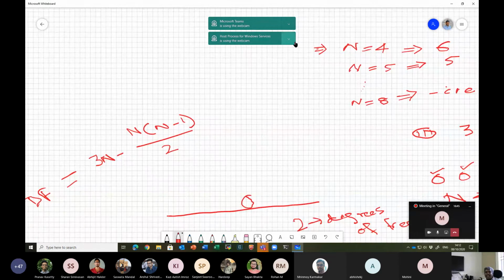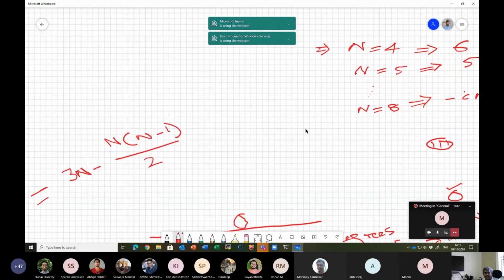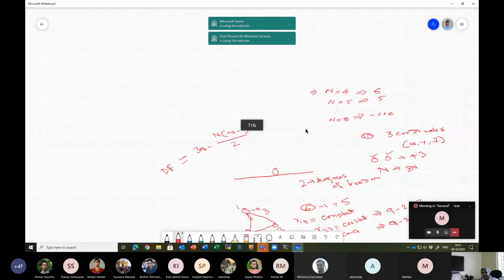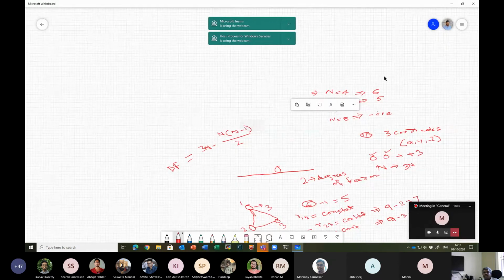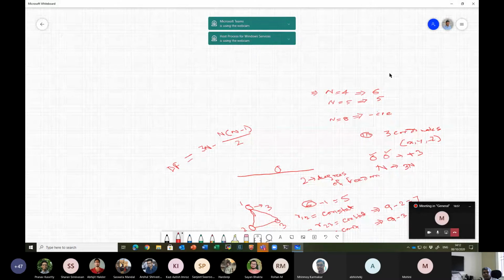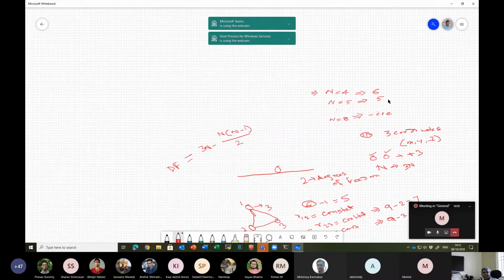right? So what I'm saying is, if you keep on increasing the number of particles, what we found is that after a certain value of the number of particles, the number of degrees of freedom becomes negative. But what is this number of degrees of freedom? Basically, you can say it is the coordinate system to represent a particle or a system of particles, right?